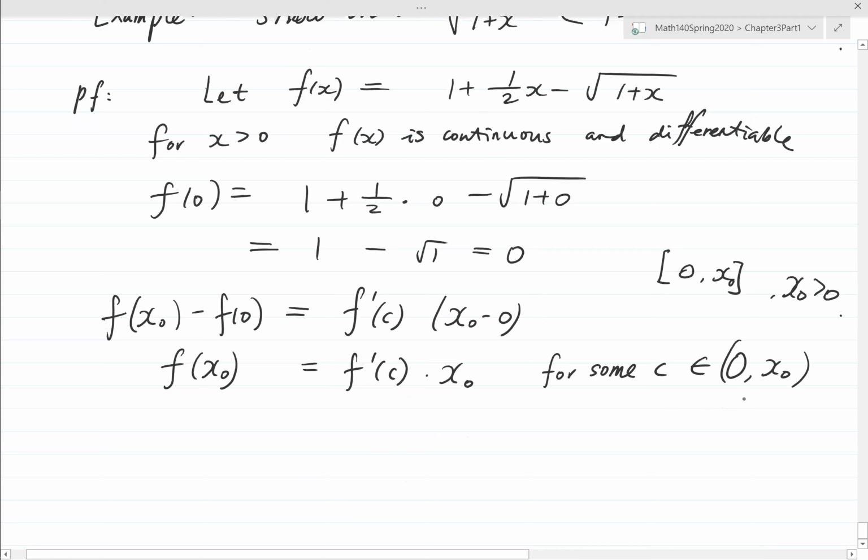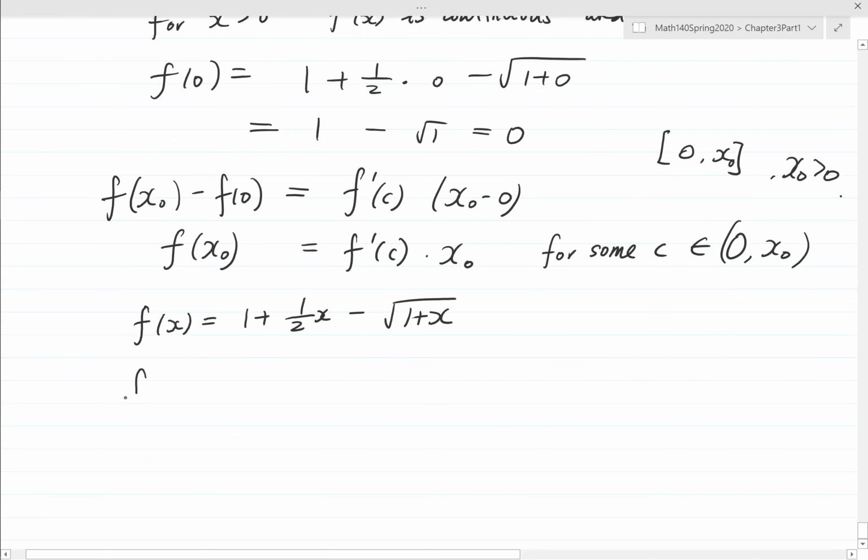Now we check the derivative. f(x) is 1 plus 1 half x minus square root of 1 plus x. So we take the derivative. The derivative of 1 is 0, and the derivative of 1 half x is 1 half. Now for the square root, we need to use the chain rule.